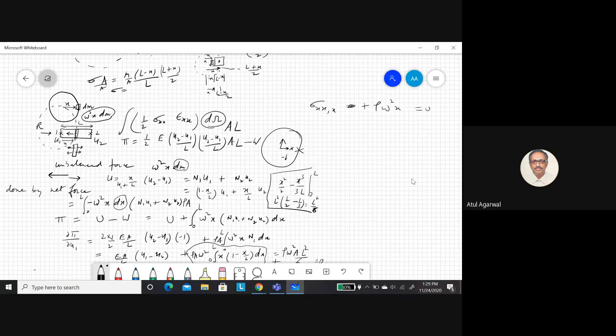This is our equation. So this is a body force. Now when I am doing like this, you see this body force is outward. This is not inward towards the center.